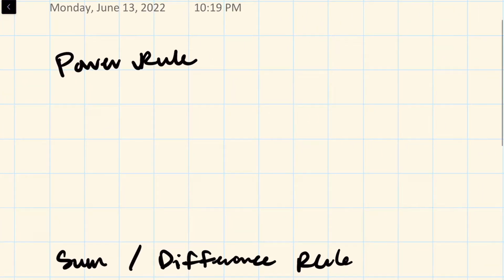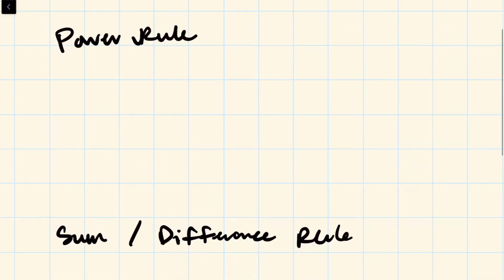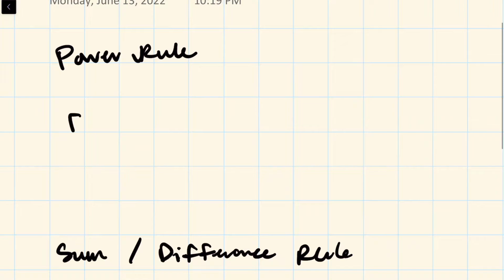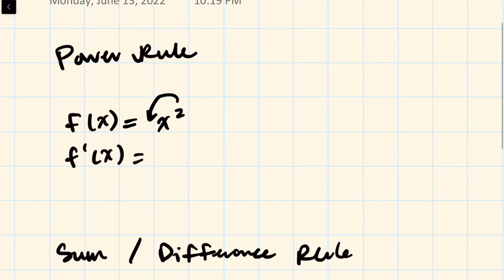Okay, so power rule. Let's say we have f of x equals x squared. Our derivative here, f prime of x, we're just going to imagine that 2 hopping down as a coefficient in front, and that exponent being 1 less than it was before. So our derivative would be 2x.